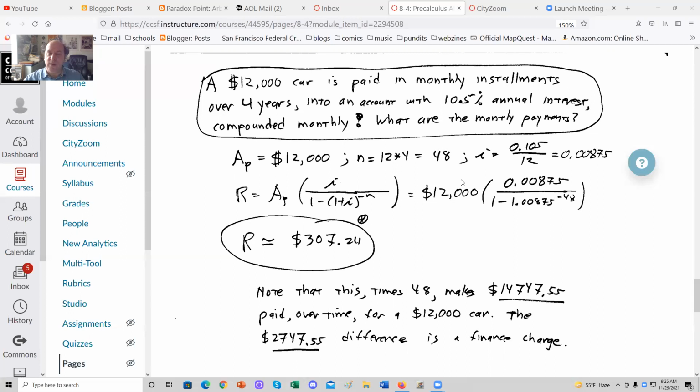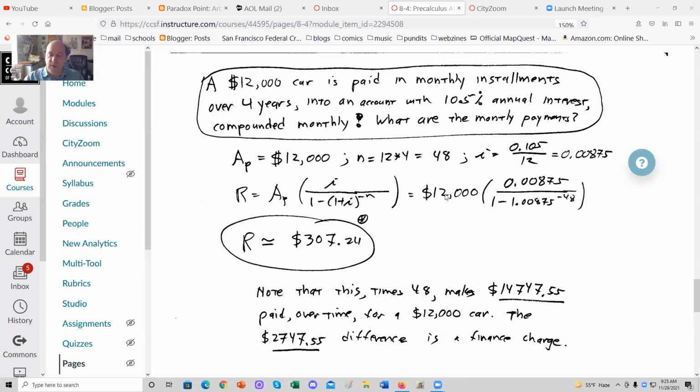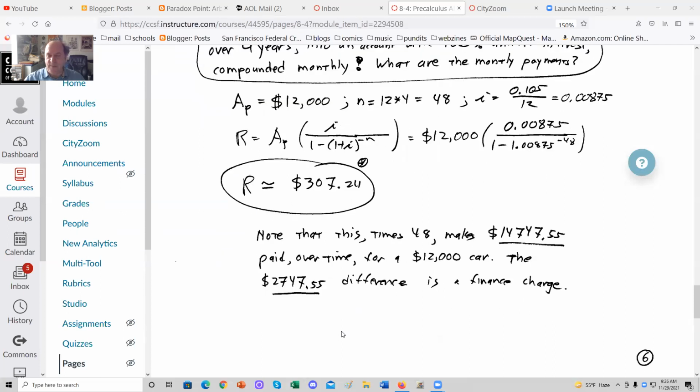That's $12,000 times 0.00875 over 1 minus 1.00875 to the negative 48, which comes out to $307.24. Now this times 48 payments makes $14,747.55 paid over time for a $12,000 car. So the $2,747.55 difference goes to the bank. It's a finance charge in essence.